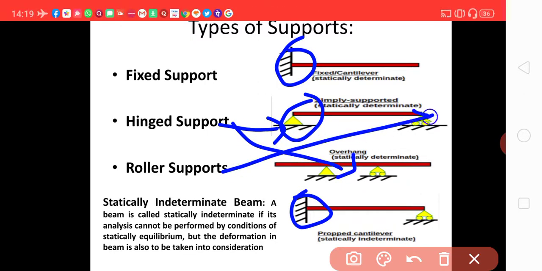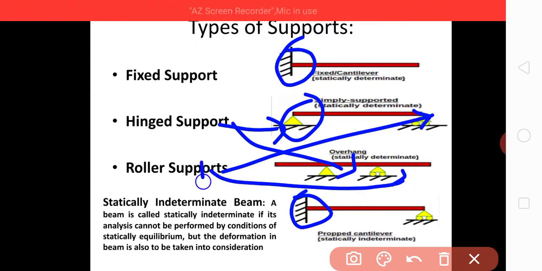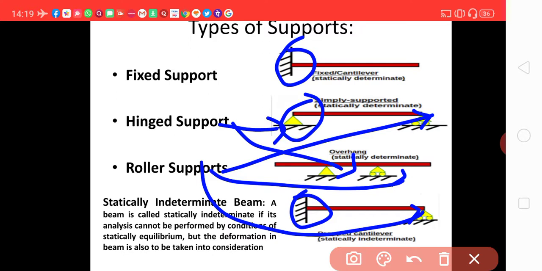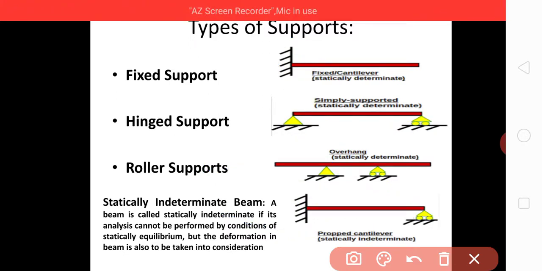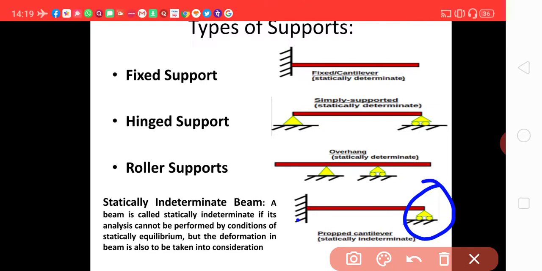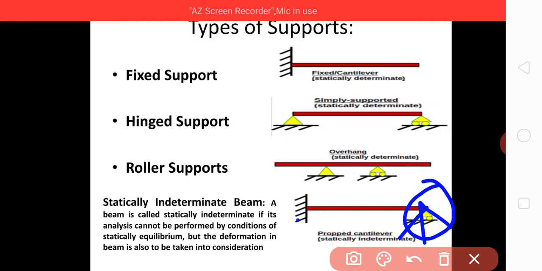This is the roller support. And this beam is called a propped beam. A cantilever with a support here will be called a propped beam, and this support, the roller support, will be called the prop.